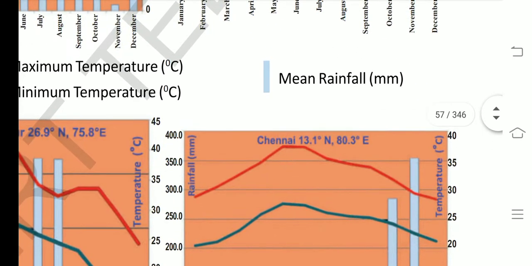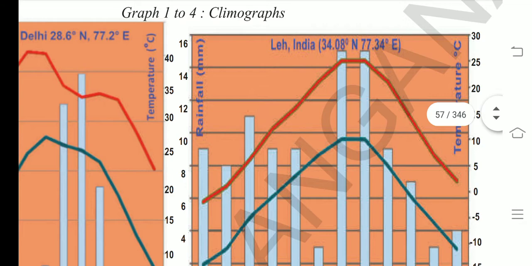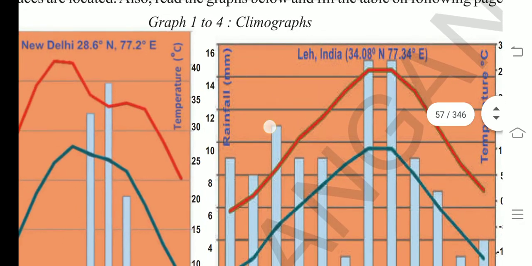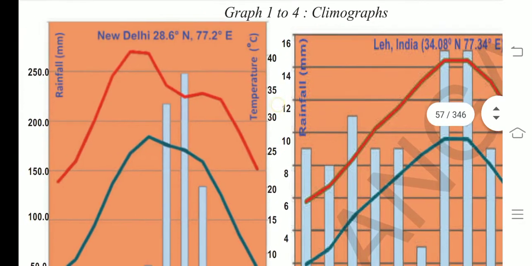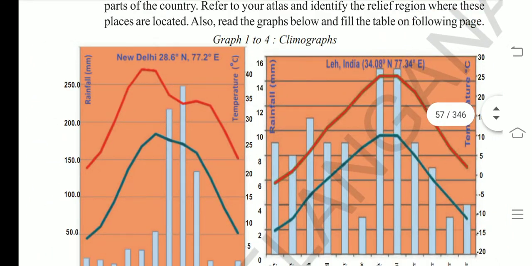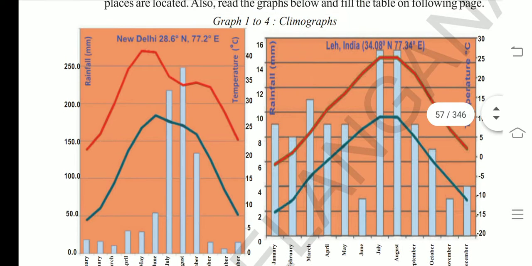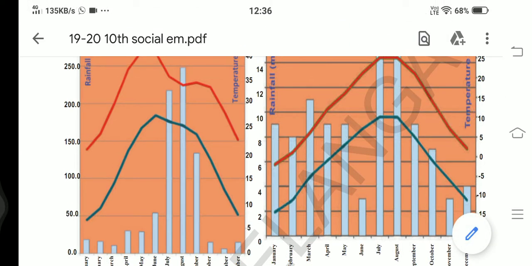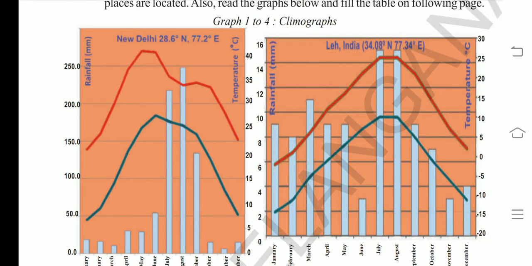Understand? Going to Delhi, you see, my dear students, Delhi is far from the coastal area. Once you look at the mean maximum temperature of Delhi and the mean minimum temperature of Delhi, there's a lot of variation, right?